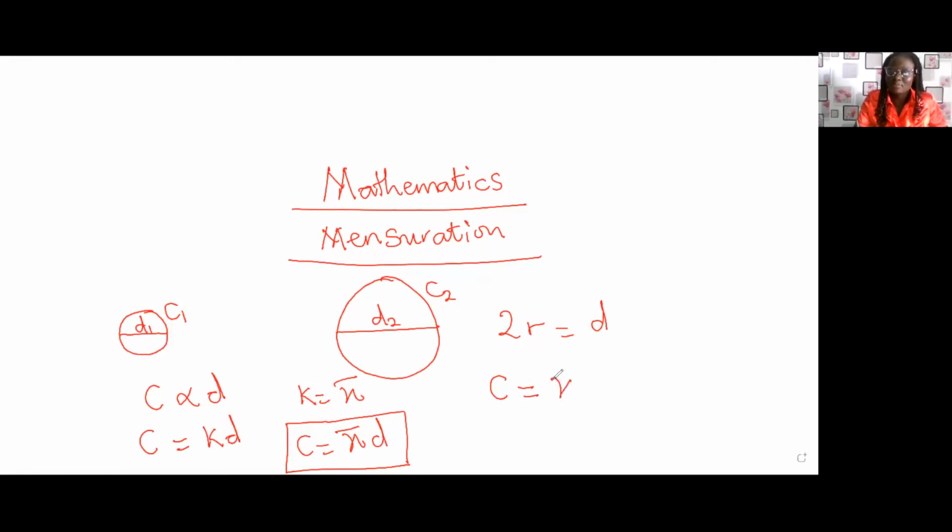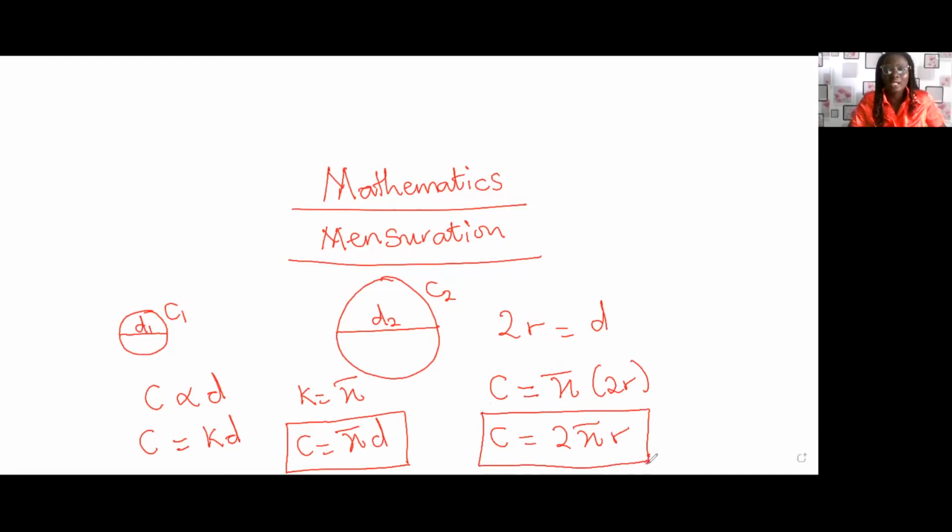So this is giving us pi bracket 2r. So let's rearrange this to give us C is equal to 2 pi r. This is also the formula to use when you are finding the circumference of a circle when radius is involved. Excellent. Let's move on.